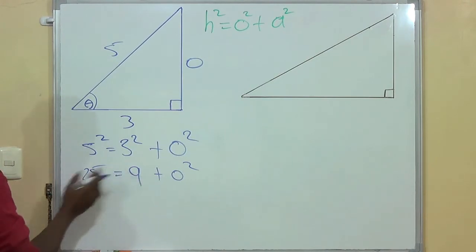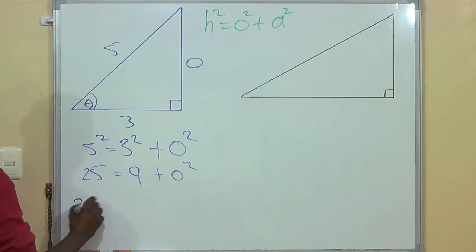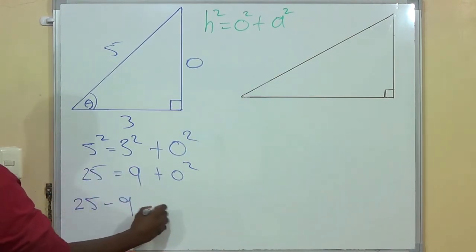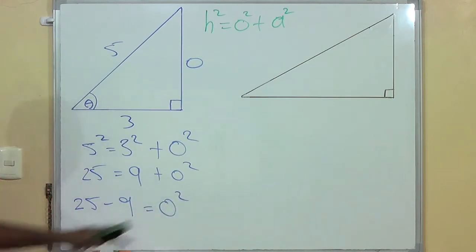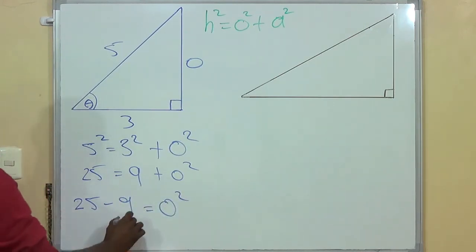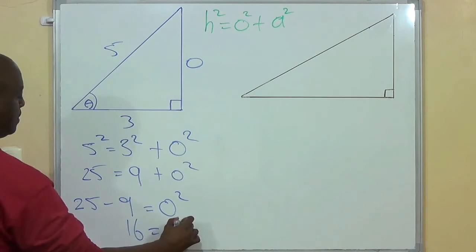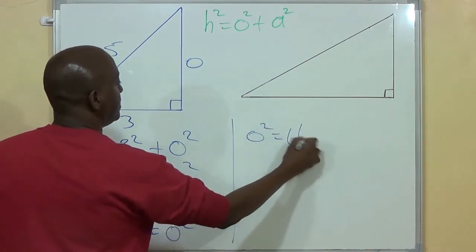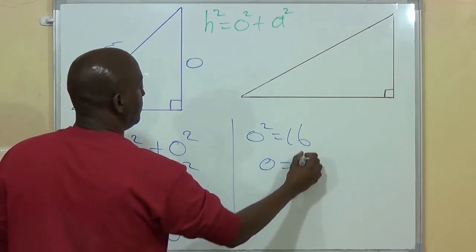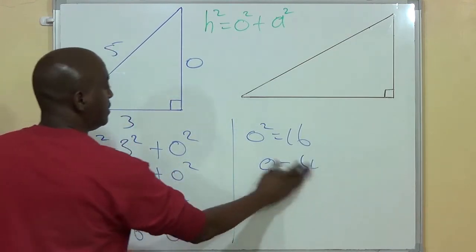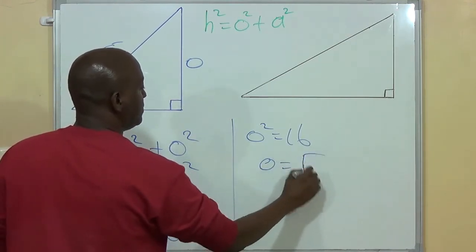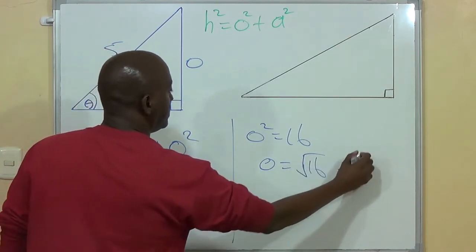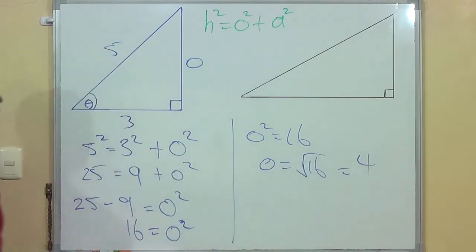So you bring the 9 across, and that will now become minus 9. So 25 minus 9 is equal to O squared. So in other words, now 16 is equal to O squared. So if O squared is equal to 16, then O, which is the opposite side, is equal to the square root of 16, which is equal to 4 in whatever units that you measure.